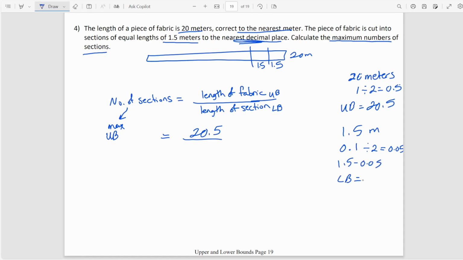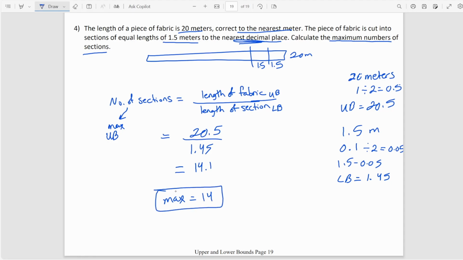And so the lower bound is 1.45. And I'm going to go ahead and plug it over here. And now we're going to input those numbers on the calculator. And we get 14.137 and so on. So the final answer, the maximum you can have, is actually 14.